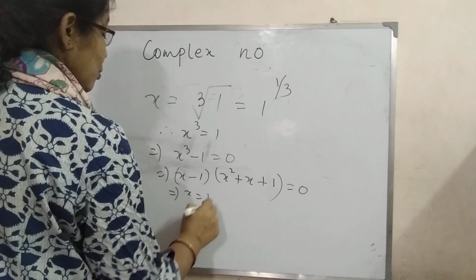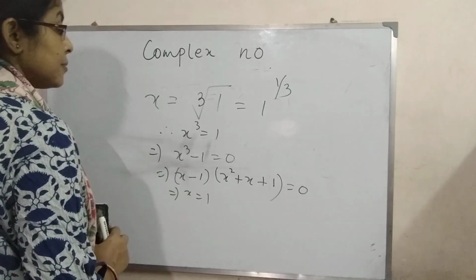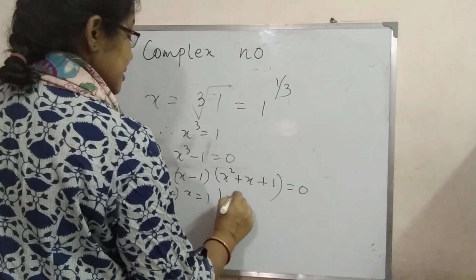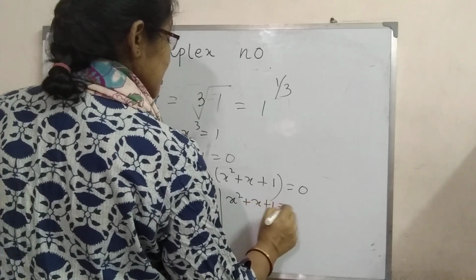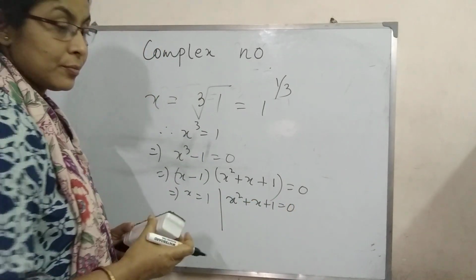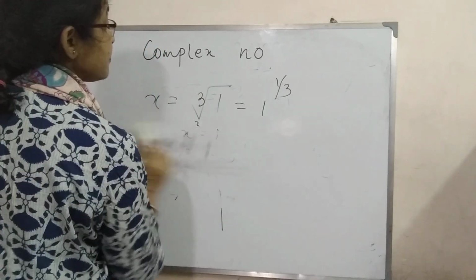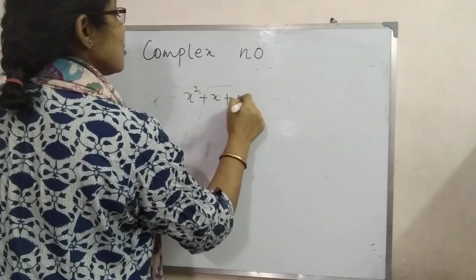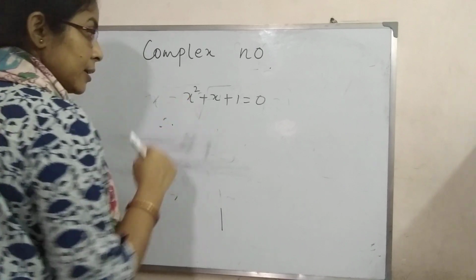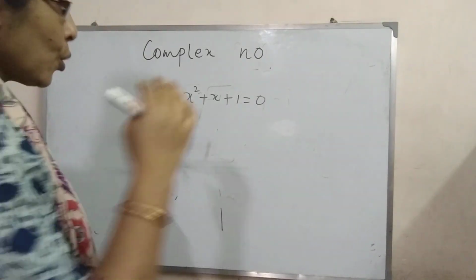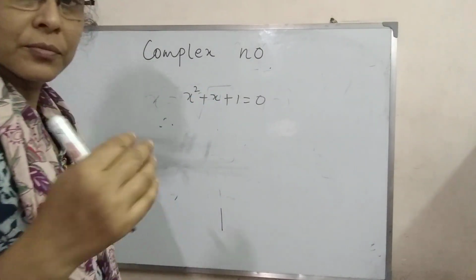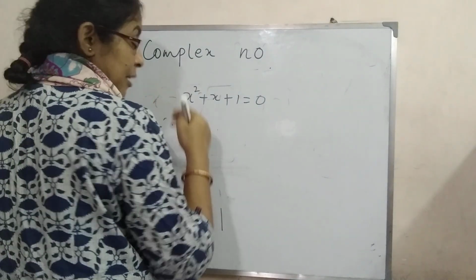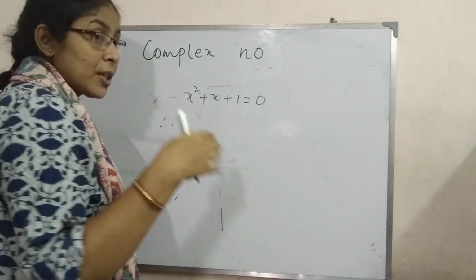So x equal to 1 and x square plus x plus 1 equal to 0. By Sridhar-Acharya formula, we can solve x. That means this is a quadratic equation.